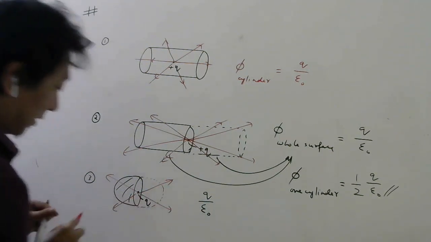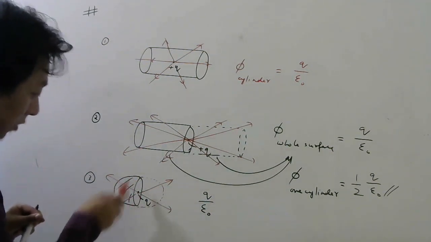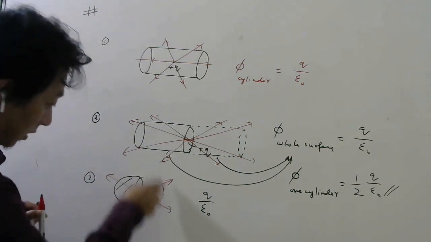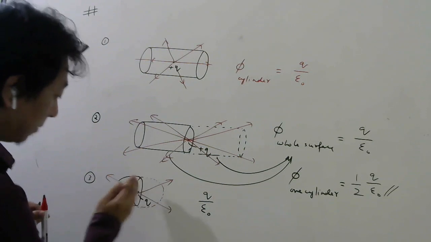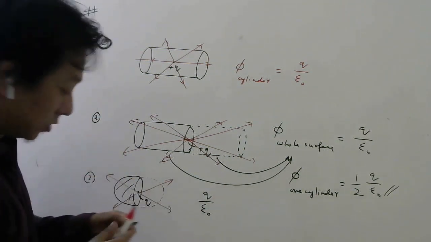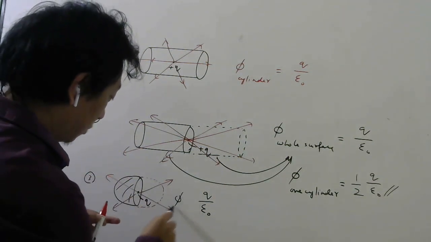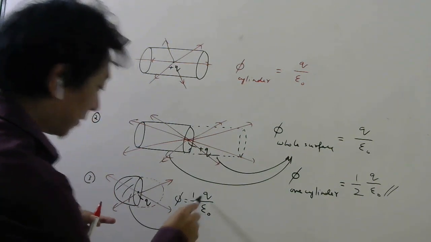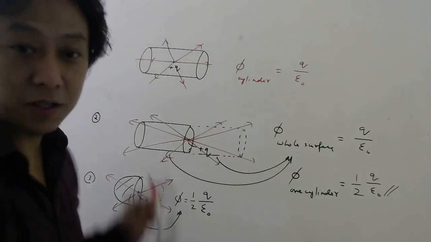Correct na? Whatever lines will cut this surface will also cut this surface. Meaning the total flux will be divided equally between this half and that half. So the flux through this part, if you want, that will be half. Exactly like this. Okay, so this kind of trick, please remember.